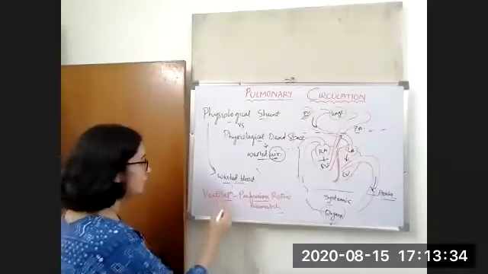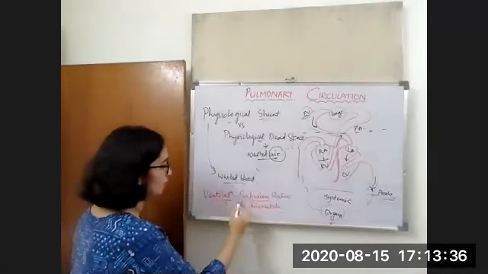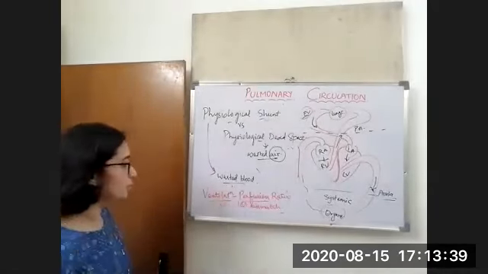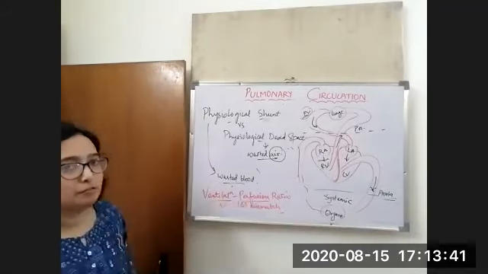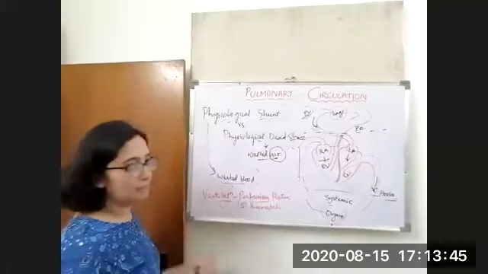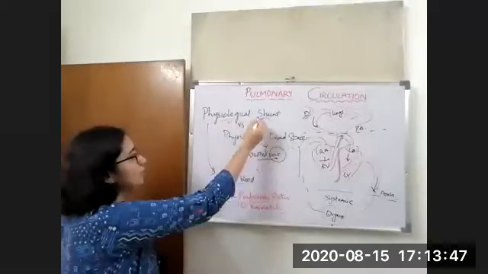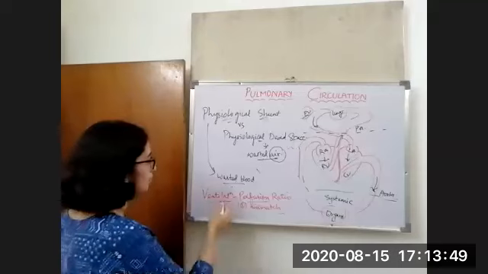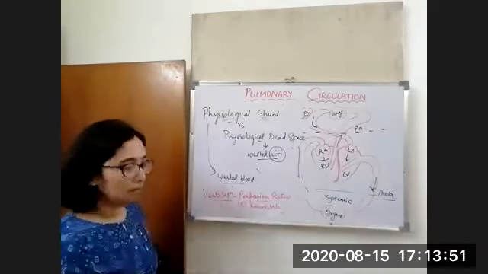The ratio between the ventilation and the perfusion is denoted as V/Q, the ventilation perfusion ratio, and these physiological shunts happen due to mismatch. The shunt in the abnormal condition happens due to ventilation perfusion ratio mismatch.